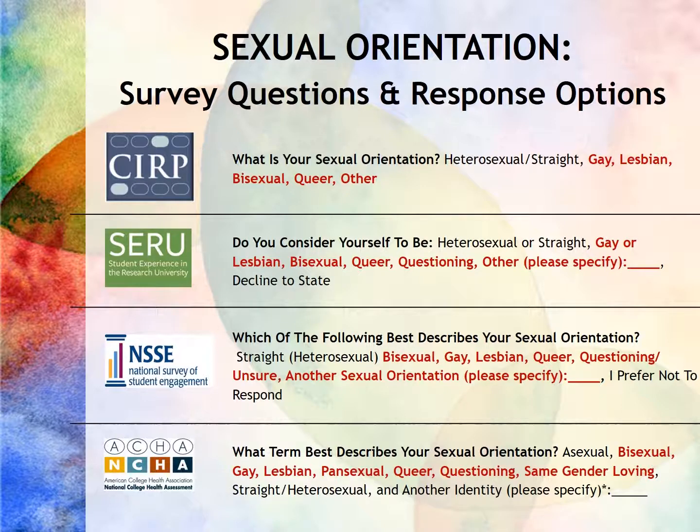We've been asking these items, sexual orientation and gender identity, since about 2010 when the project started. So we've got quite a long history of collecting this information, but not much history of actually using it until recently.